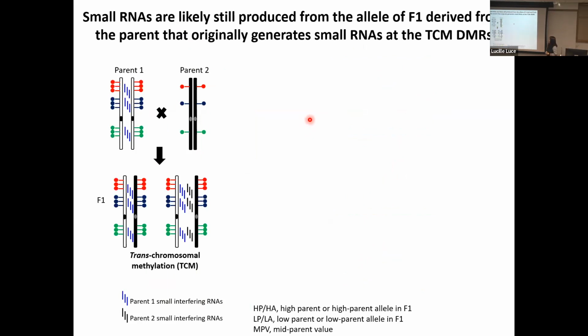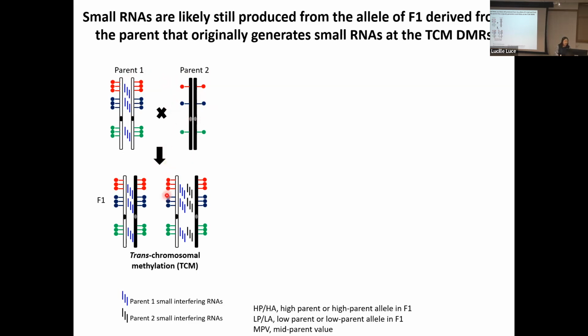As I showed you in the RdDM pathway, we know that small RNAs are the trigger of DNA methylation, right? So we wondered, in F1, where it gains methylation, whether small RNAs are produced or not. We proposed two different models. Take parent 1 and parent 2: parent 1 has methylation, so it has small RNAs produced, and parent 2 does not have small RNA.